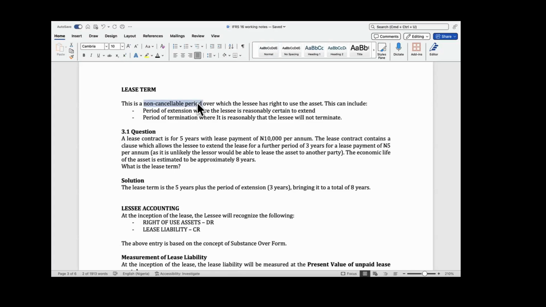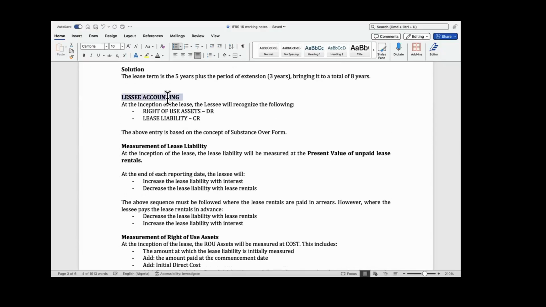This period of extension would be considered as part of the lease term if it is reasonably certain that the lessee will extend, especially where it is favorable for the lessee to extend. And where we are sure that the lessee will not terminate, even when there is a termination period included in the contract, that means we will not consider it when determining the lease term.